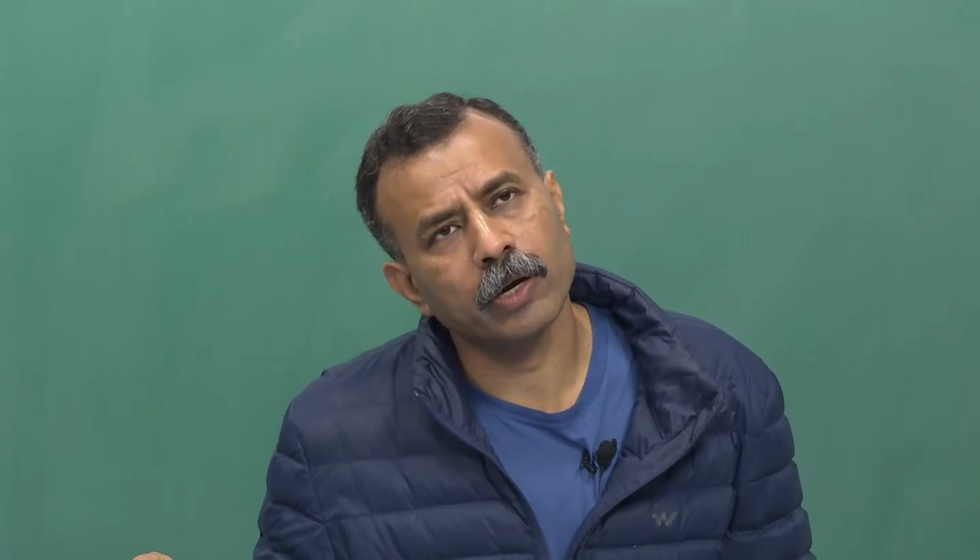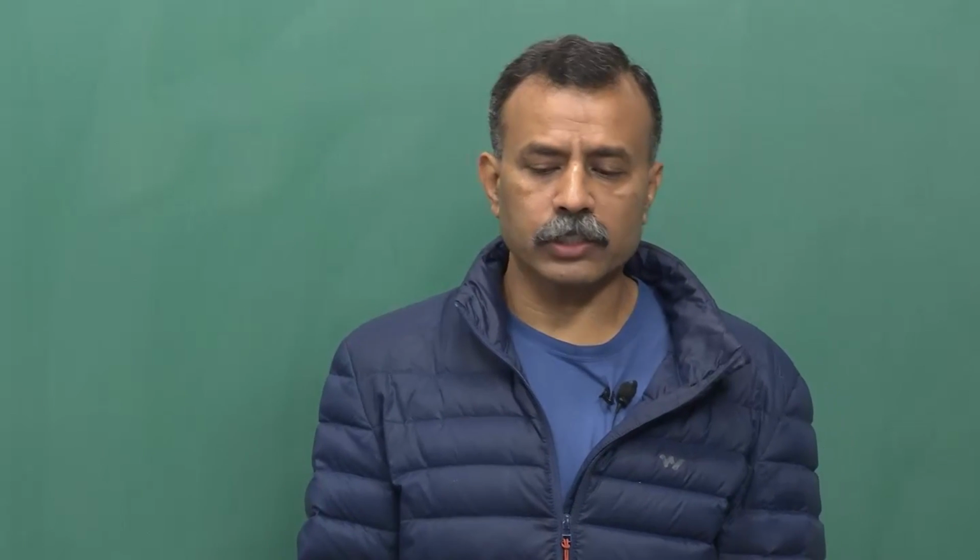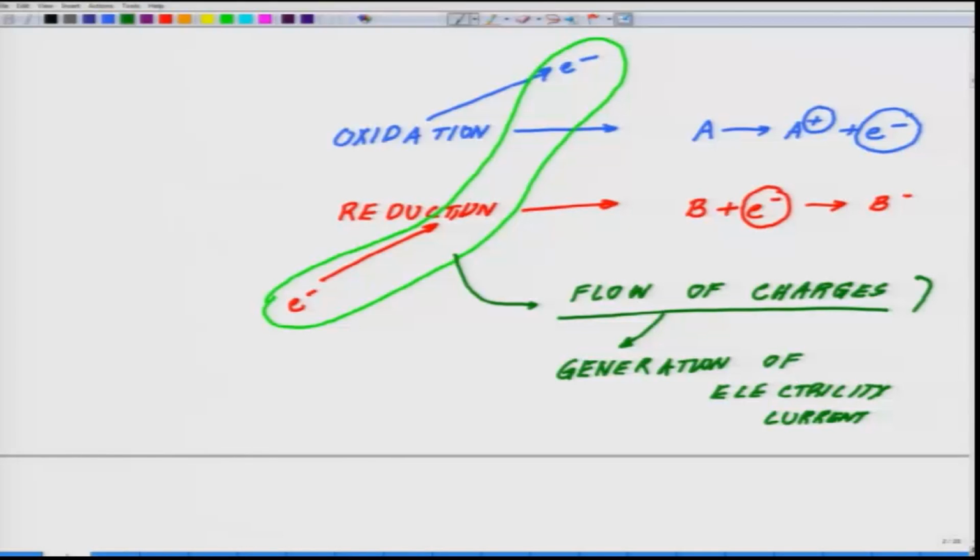Do not take into account the magnitude of that current, but what is important for you to realize is that indeed all these systems, by virtue of this oxidation and reduction, lead to flow of charges. In other words, there is a current which is generated due to the mobility or movement of the charged particles.